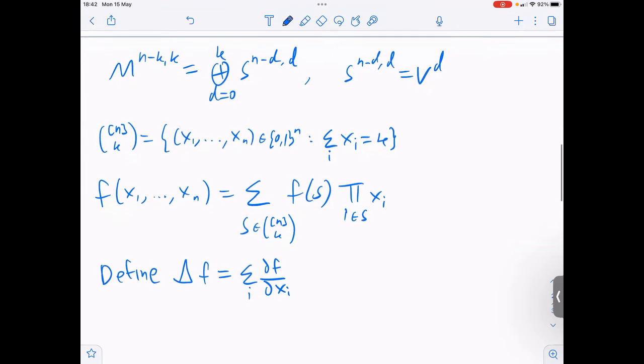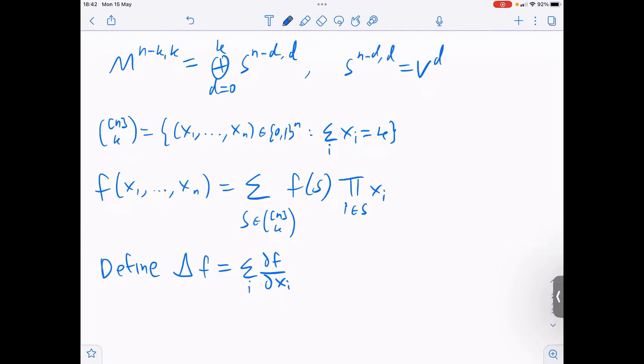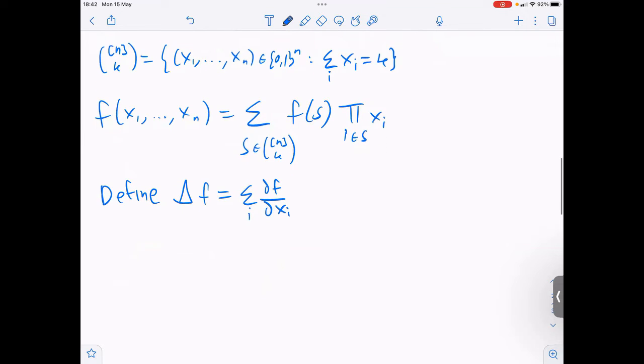Okay, so why are we doing this, or rather, why was Dunkl doing this? So if you take a function represented in this way and you apply this operator, then okay, so this function was a multilinear polynomial, which is homogeneous of degree k. And if you apply this operator, then the degree reduces to k minus 1.